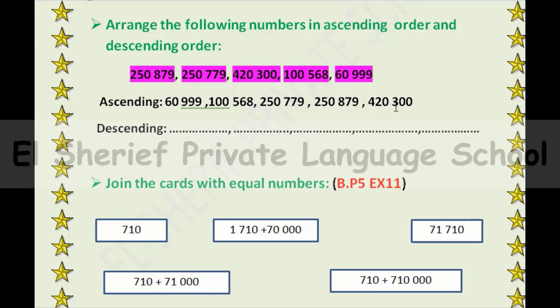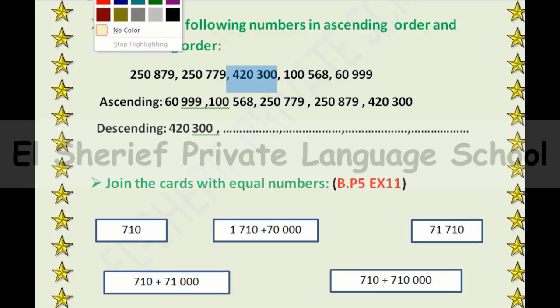We can put this number in the first space. Then we look at the greatest number, the greatest number was 420,300, so we will cancel it.